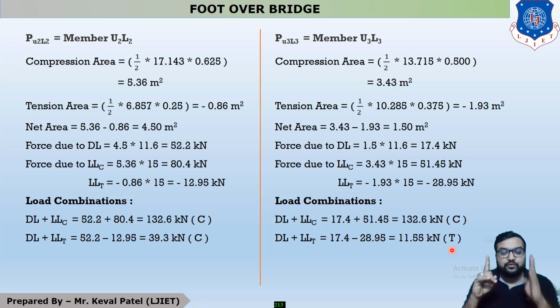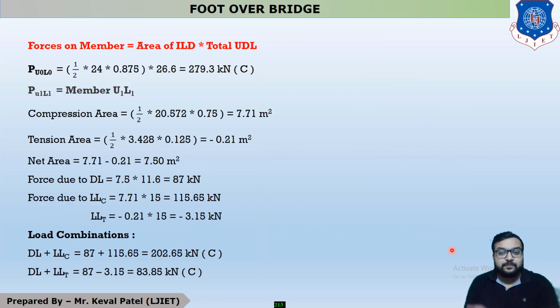For second, third and fourth member, you will get two answers separately. So 2 into 3, which is equal to 6, plus 1, total 7 answers are there. But from 7 various answers, your maximum answer is 279.3 kilonewton, and this 279.3 kilonewton is in compression.